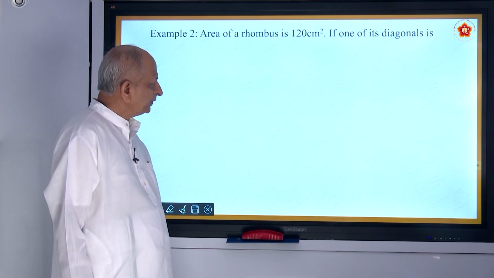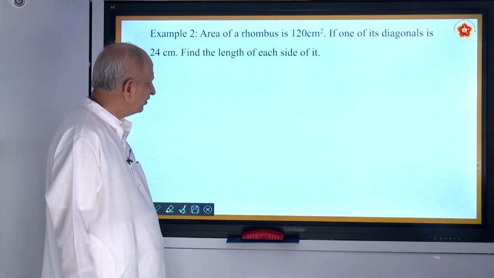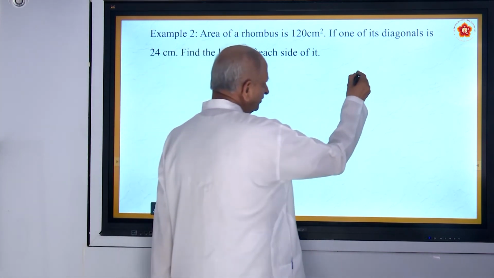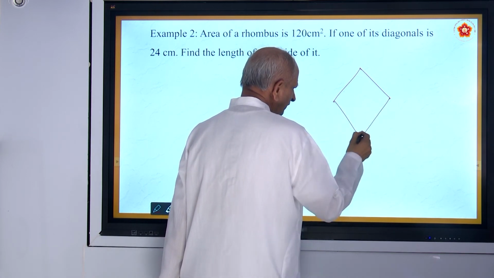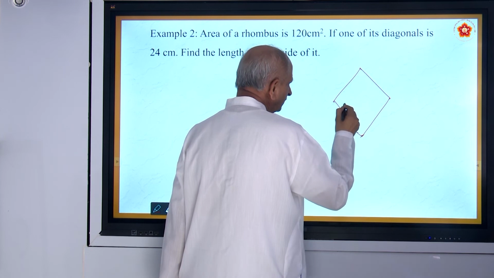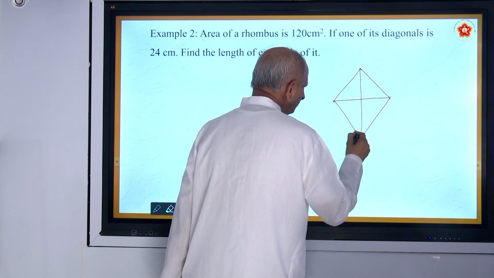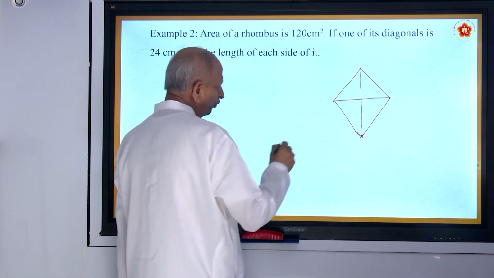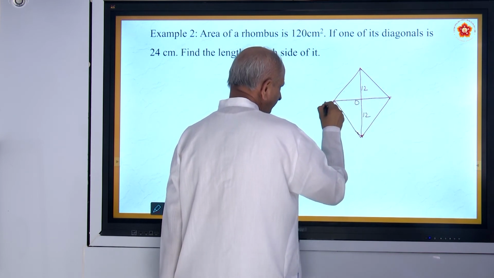Area of a rhombus is given to be 120 square centimeters. If one of its diagonals is 24, find the length of each side of it. So a rhombus is given and its area is given, 120. One of the diagonals is 24, means 12 and 12, because they bisect.